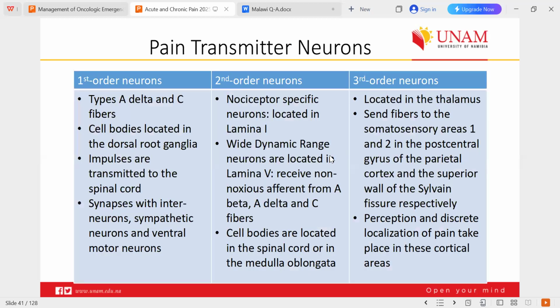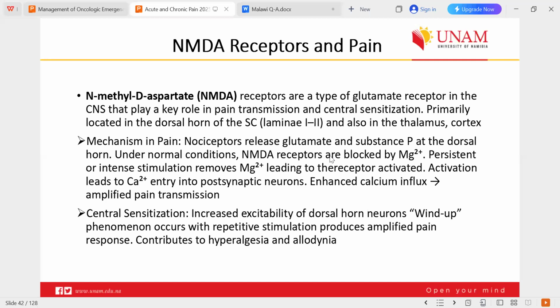So this table gives you the different types of transmitter neurons: first, second, and third order neurons. We'll talk about some of these receptors.